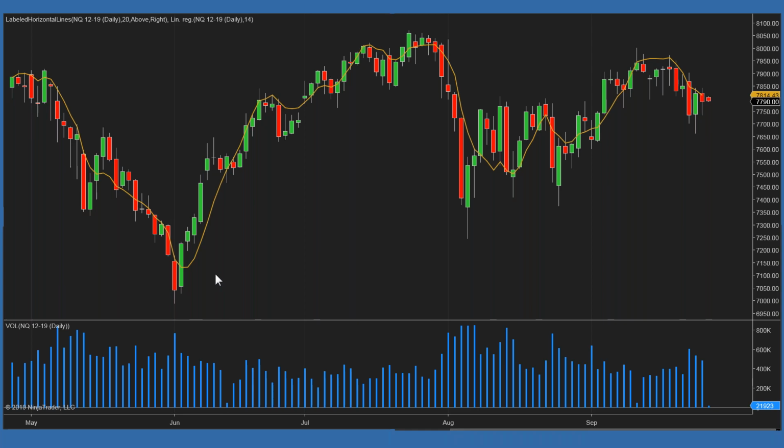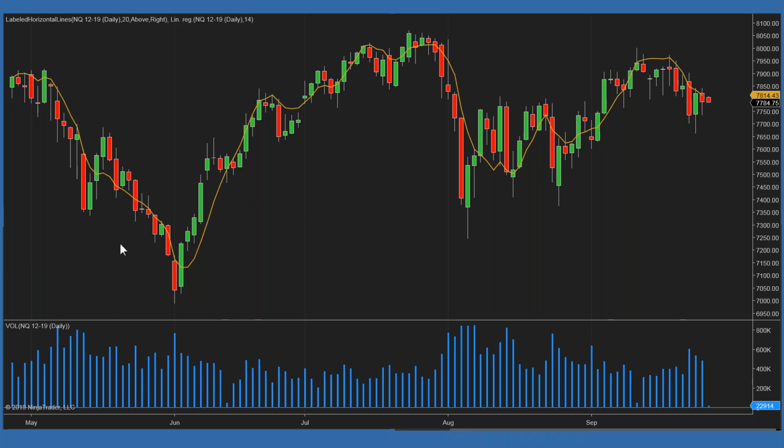Other traders won't be quite as particular. They'll settle for the market closing above a linear regression line or closing below it and then buying or selling accordingly. Now you can see for the most part, you probably would have done okay.